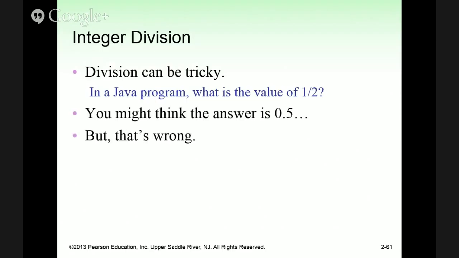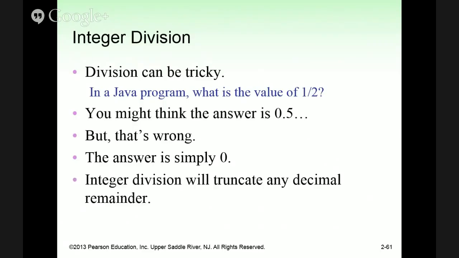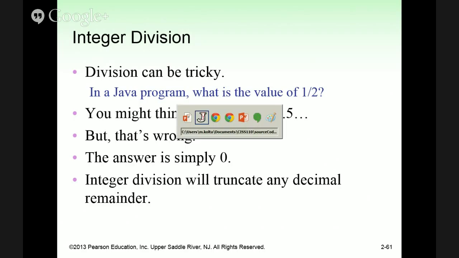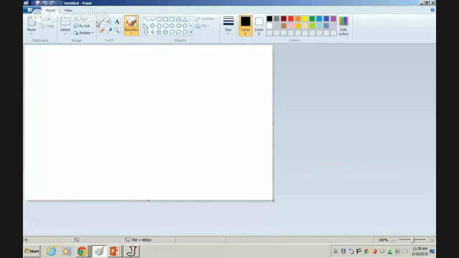The answer is simply 0 because it's the result of the integer division. Any decimal part will be truncated. In other words, if you take 1 divided by 2 using old school division, and I have to do this on Paint so that it shows up in the recording. I can't do it on the whiteboard.